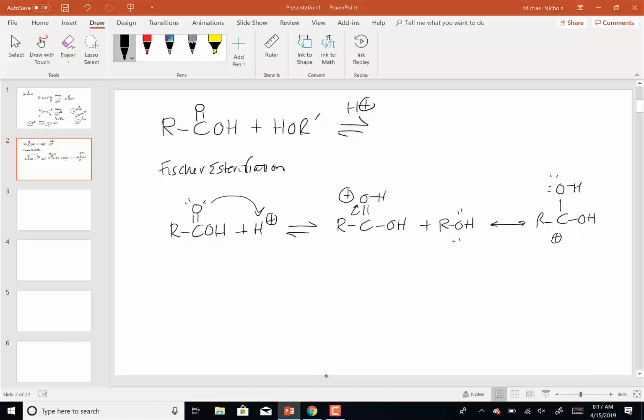And then what happens next, Patrick? Okay. So we're going to take the alcohol and we're going to attack the carbonyl. What was a carbonyl carbon? Okay.